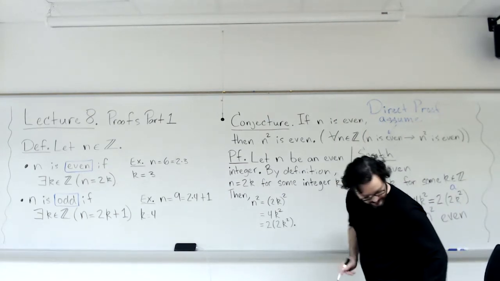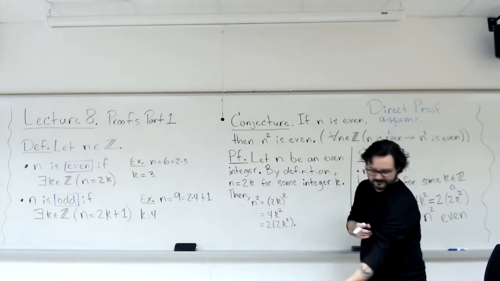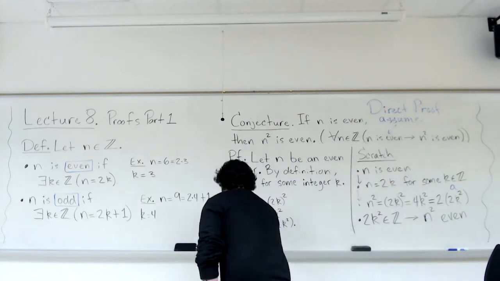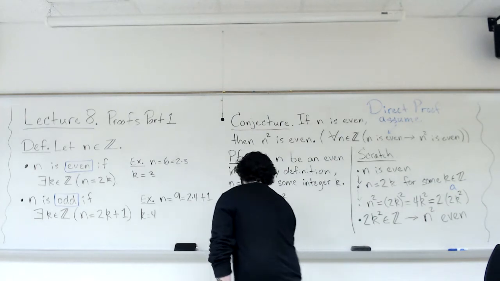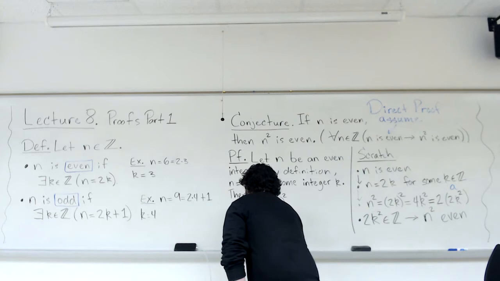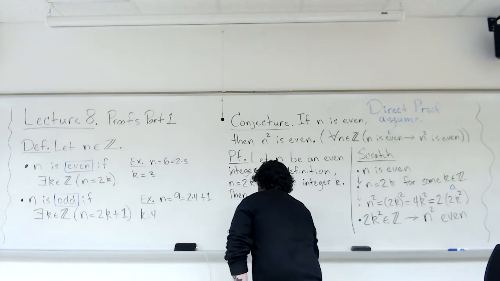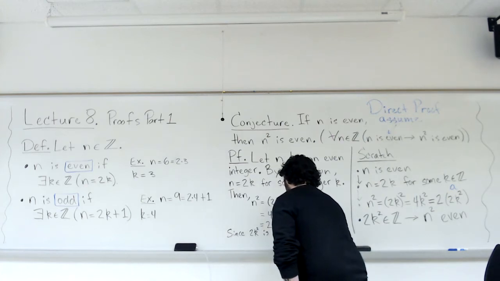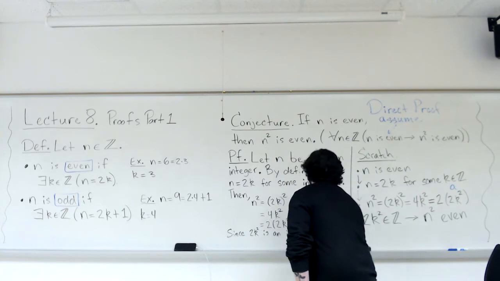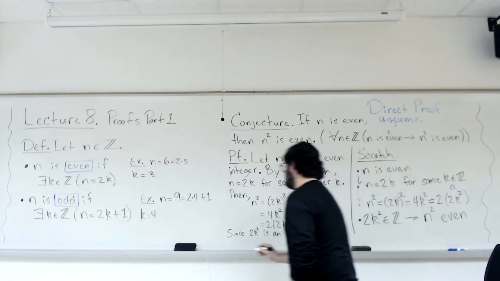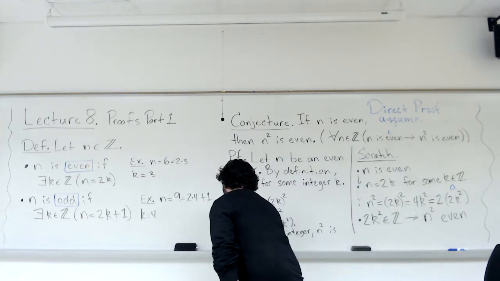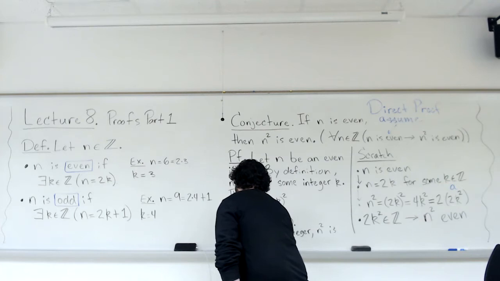So this chair is not rolly, so this is going to be hard for me to write and fit, but maybe like, since 2k squared is an integer, n squared is even by definition.